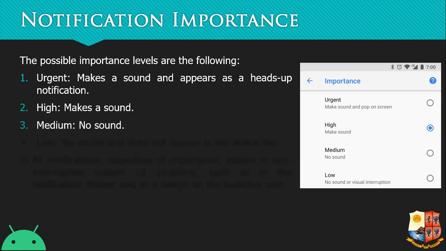All right, third one is medium. No sound, but the notification will be there. Whenever you pick up your phone, you will be able to see it, but it wouldn't have triggered a sound or a heads up pop up, nothing. When you scroll down, you'll be able to see it. For example, some phones have digital well-being. After every week or month, you'll get a report of how your phone has been performing.